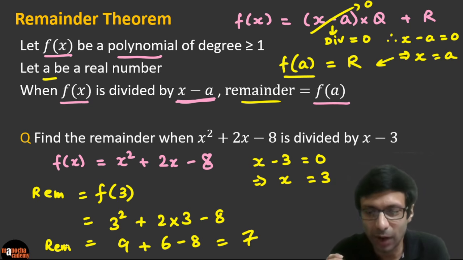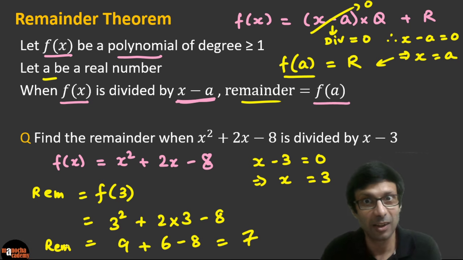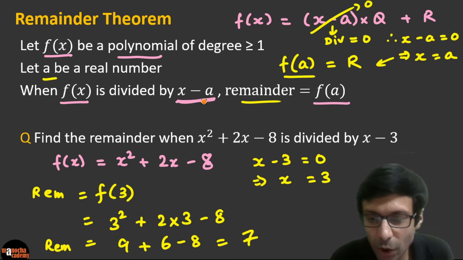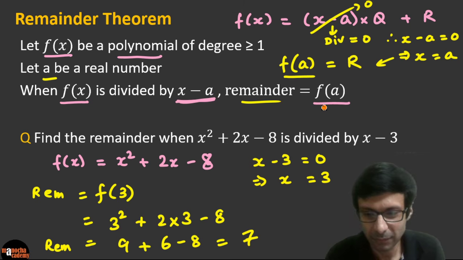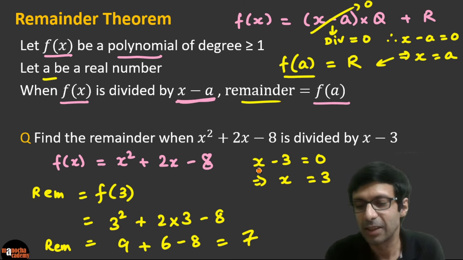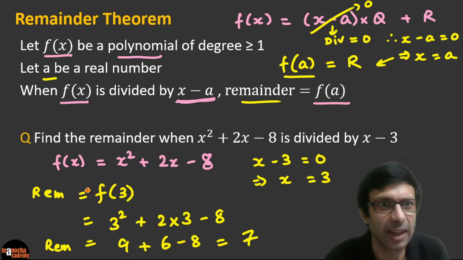So we've directly found the remainder. By the name you understand, it's remainder theorem. So the goal is to find the remainder without doing division. And what's the nice thing? When you're dividing a polynomial by x minus a, the remainder is going to be f(a). And the easy way to do it is make the divisor 0 and substitute that value of x. Okay, excellent guys, excellent.